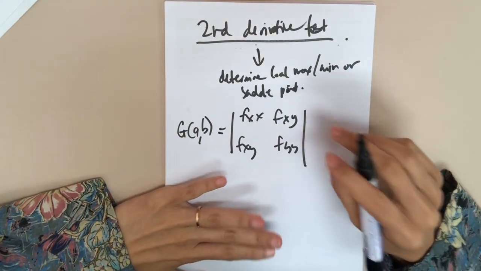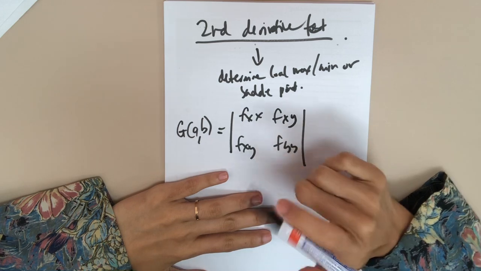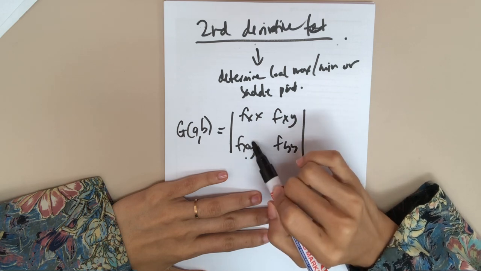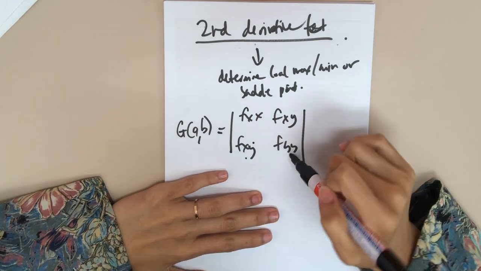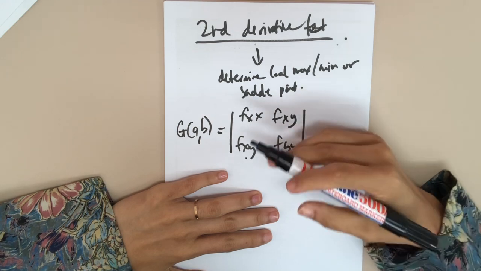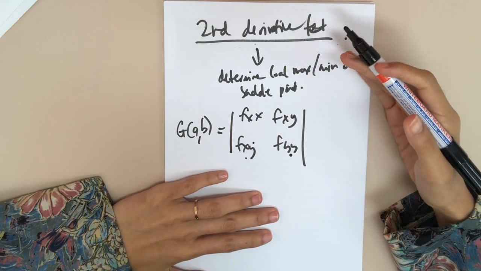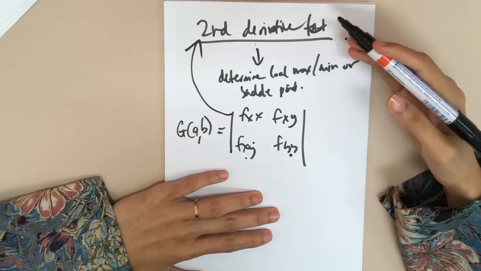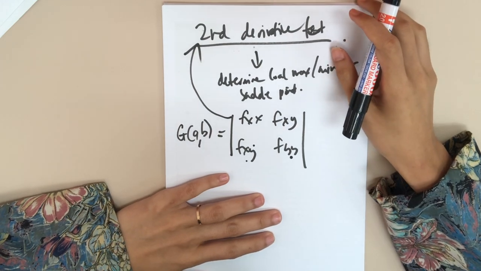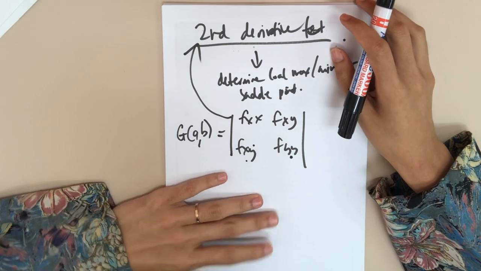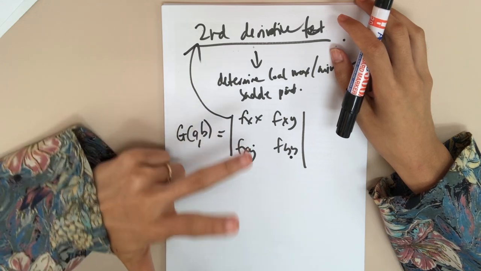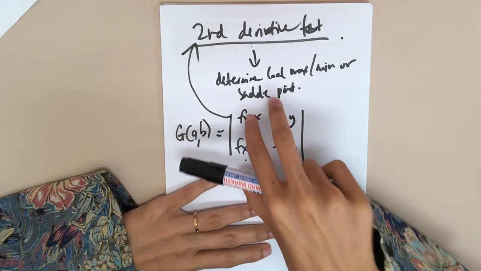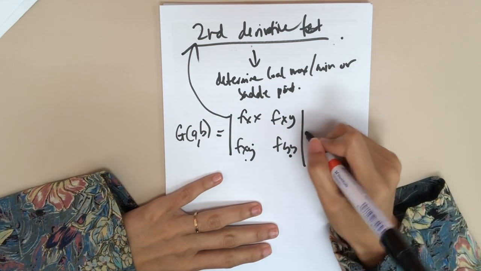Inside the determinant we have fxx, fxy, fxy again, and fyy. This means that you differentiate twice, which relates to the title, second derivative test. So you need to differentiate fxx, fxy, and also fyy, and then substitute into this determinant to get the determinant.